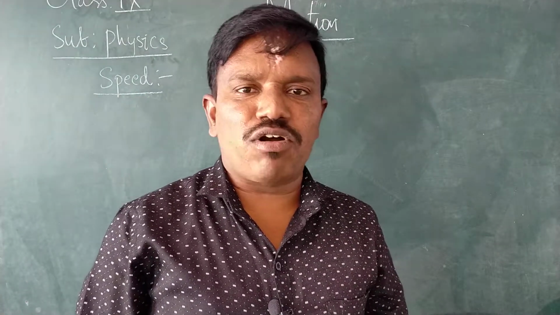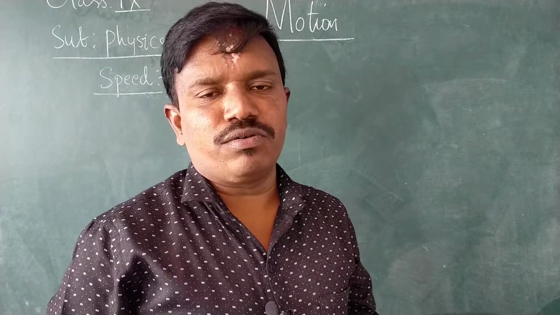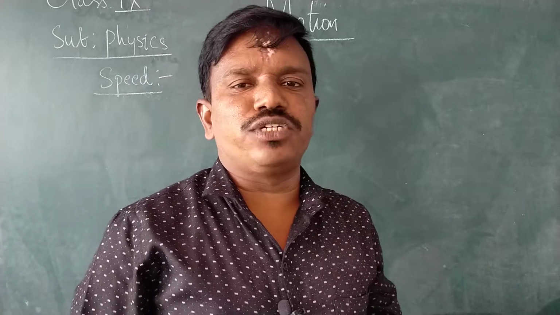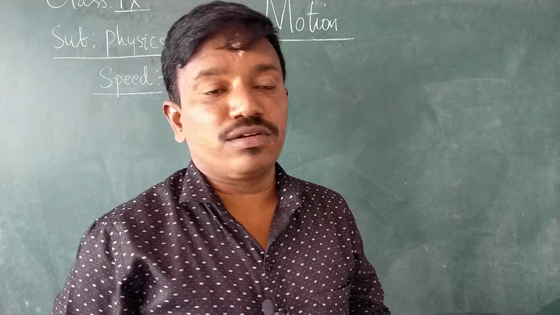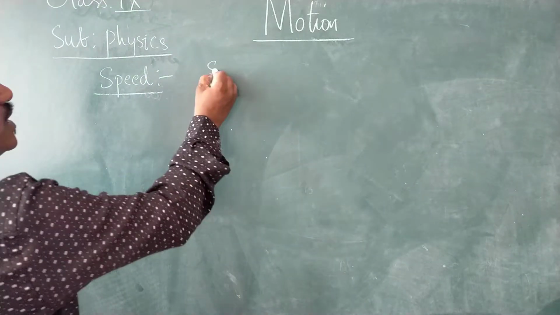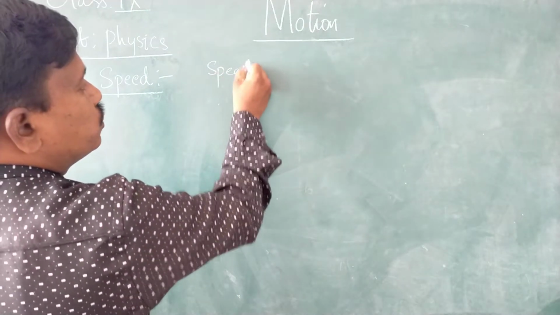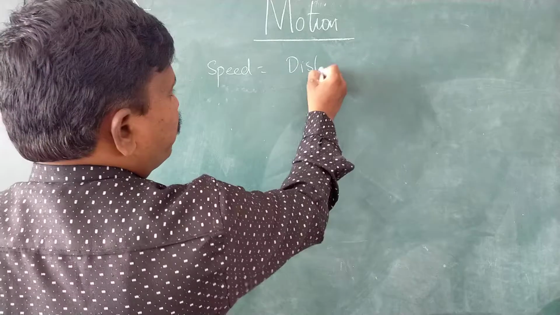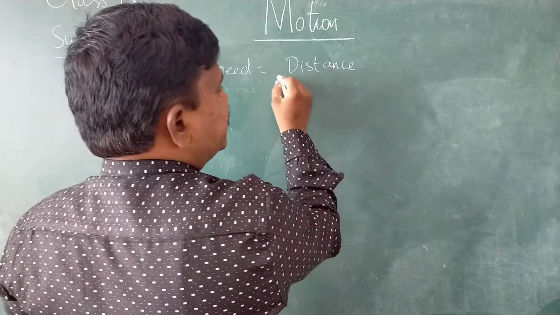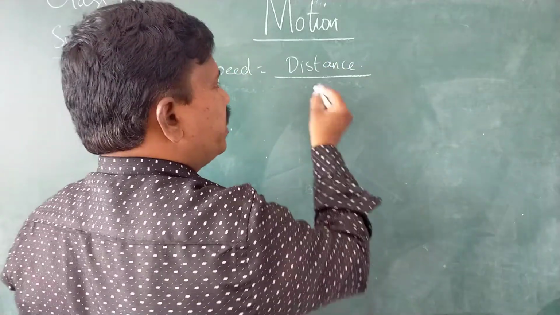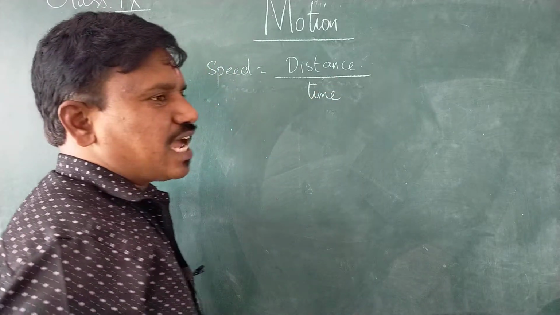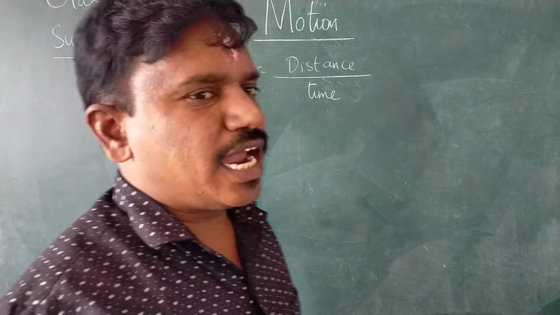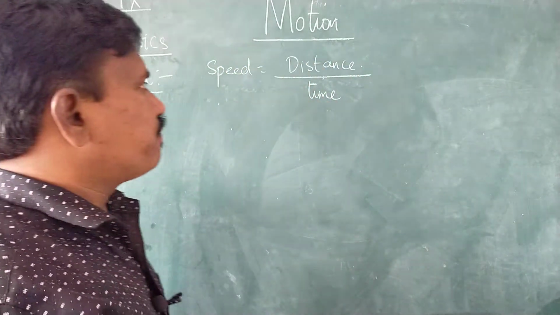Distance by time is called speed. Speed is equal to distance by time. Or we can define it as the distance traveled by a body in a unit time is called speed.